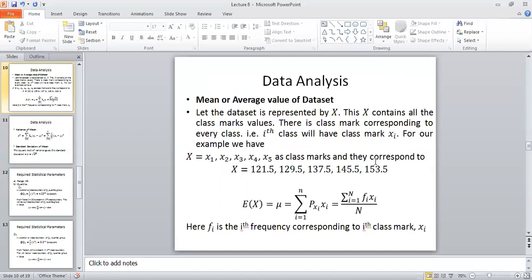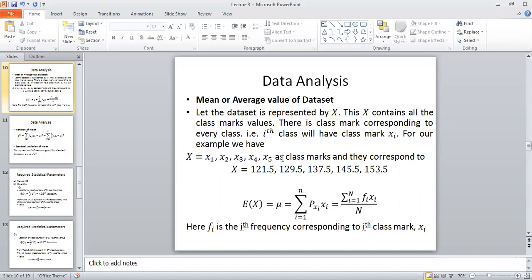That is, the ith class has a class mark xi. Like class 1 will have a class mark small x1, class 2 will have a class mark small x2, and so on. So for our example, we can have this data set something like this: x equals x1, x2, x3, x4, x5.